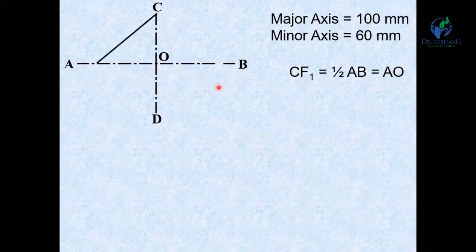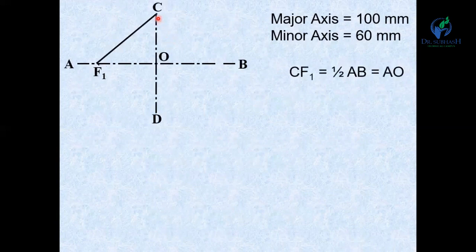Now, take C as a center and AO as the radius and make one arc on the line AB. So this point is F1. Similarly, with C as the center and AO as the radius, make another arc on this line. So you will get the point F2. So in this way, you can find the foci of this ellipse.